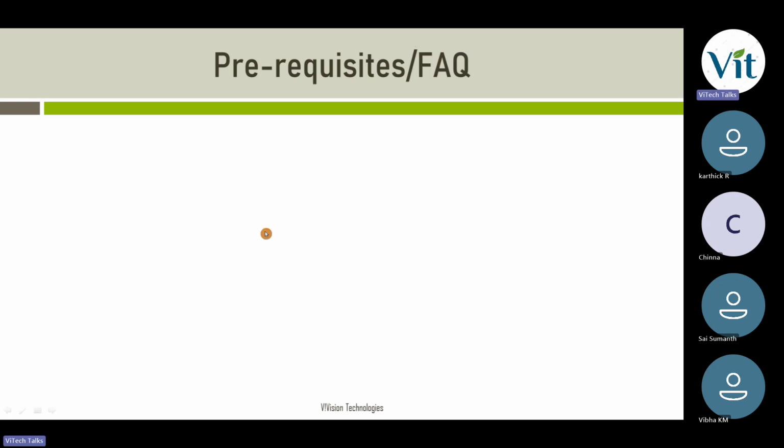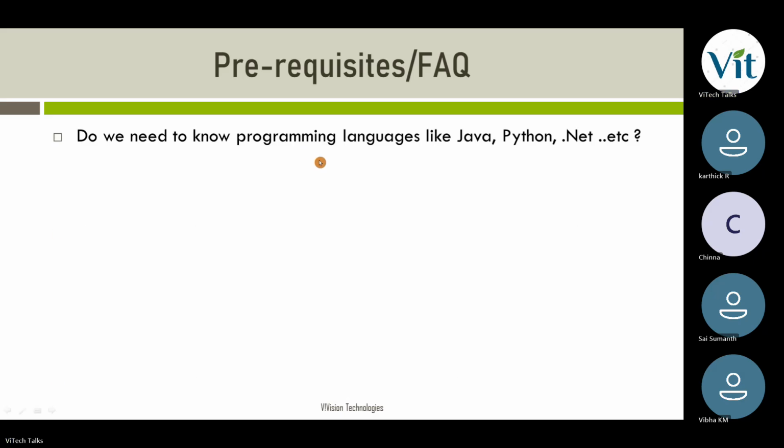So the prerequisites. Before learning Snowflake, what are the prerequisites? These are the frequently asked questions from the previous batches. Do we need to know any programming languages like Java, Python, .NET, C, C++, etc.? Definitely no, no languages are required.